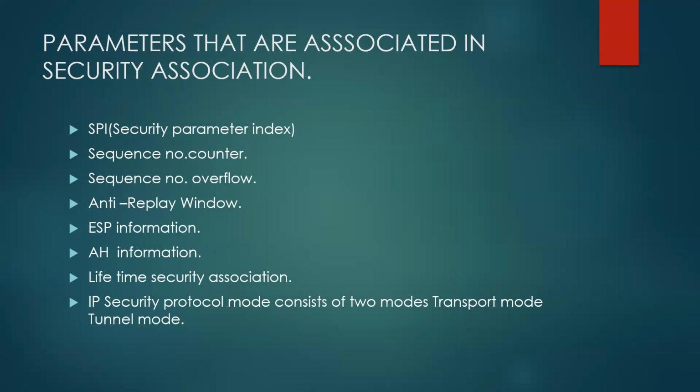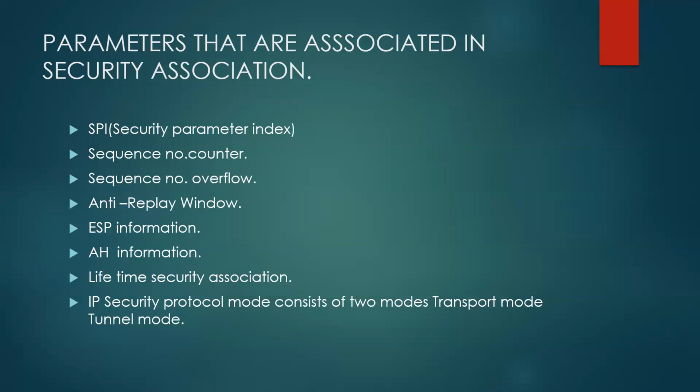And next we move to the sequence number counter. It means the entire message is divided into different packets, and for each packet we have to give a unique number, that is the sequence number. For example, packet number 1, packet number 2, like that we divide the packets, and this is called the counter.